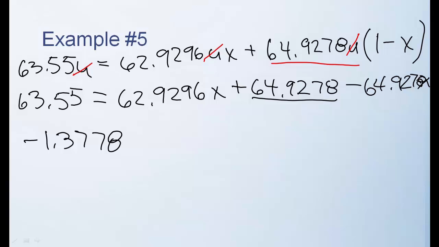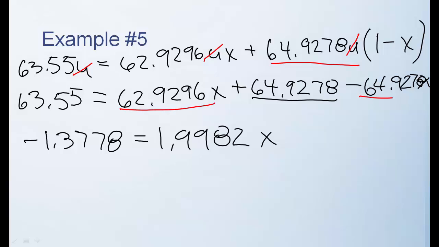What I find is that this guy equals 1.9982x once I collect these two terms here that have an x. So I collect the x with the x and the non-x, the one without the x on it, collect those on the other side, and now I'm ready to solve for x. Excuse me, I'm missing a minus sign here.